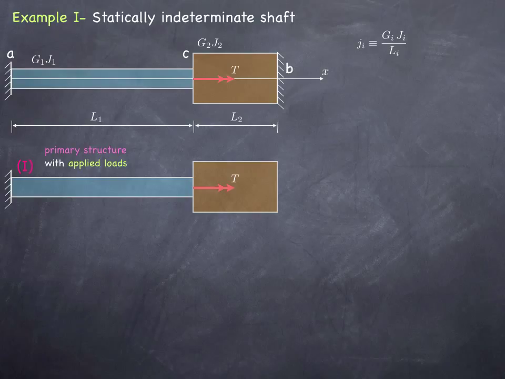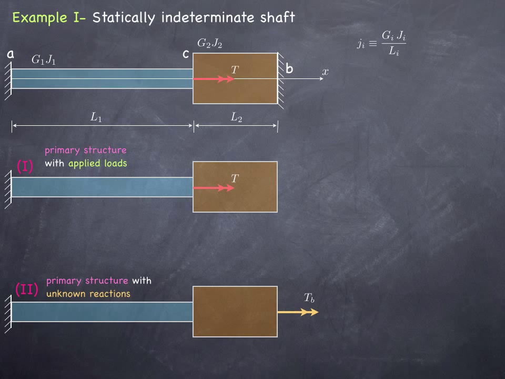I have only one applied external load, so I'll put that back in. This is one instance of the original problem. In the next instance, I'm going to put back the unknown reaction that the original structure would have experienced, tau b. If I superpose these two, I obtain the original structure.